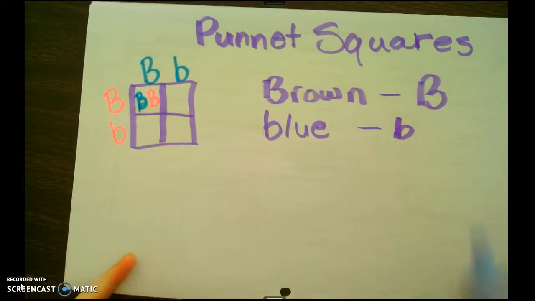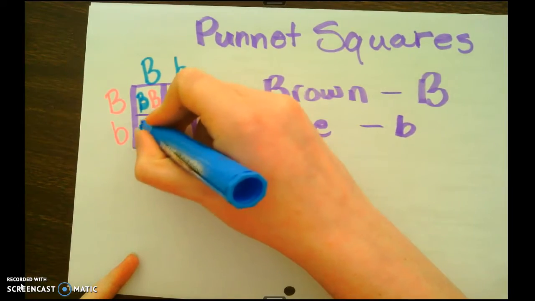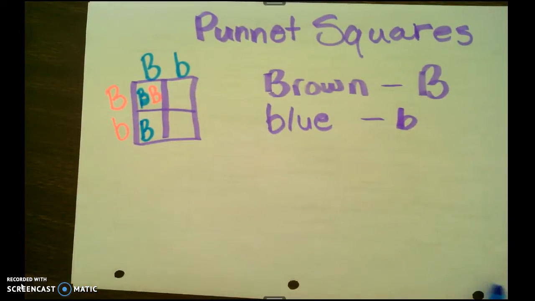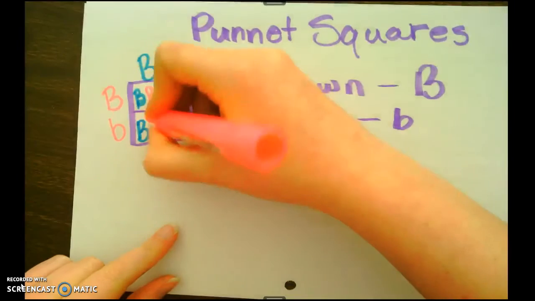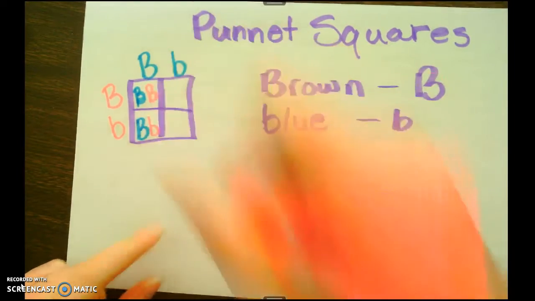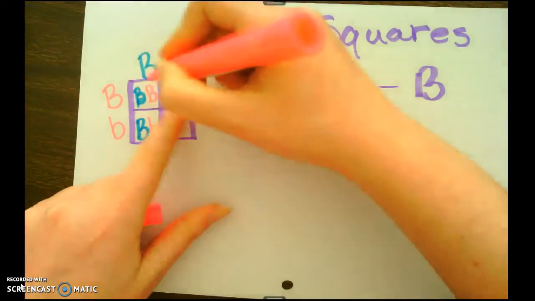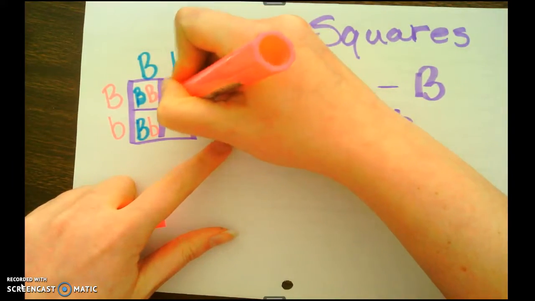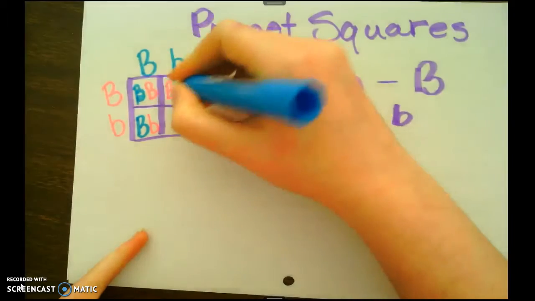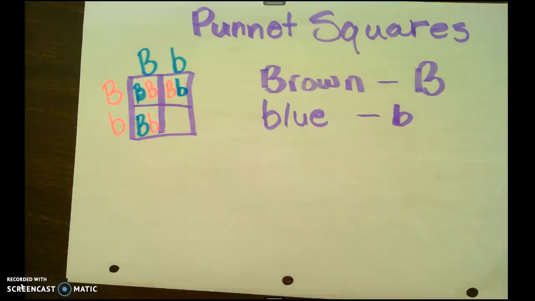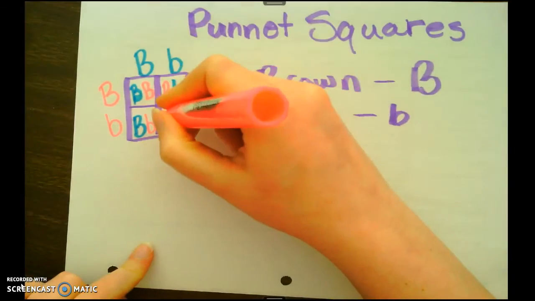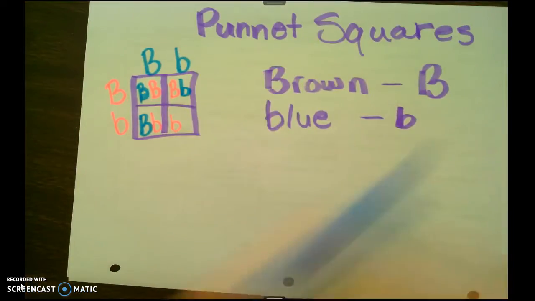There's a possibility that my dad could give a big B and that my mom could give a little b. There's a possibility that my mom could give a big B and my dad could give a little b. And finally, there's a possibility where my mom could give a little b and my dad could give a little b.